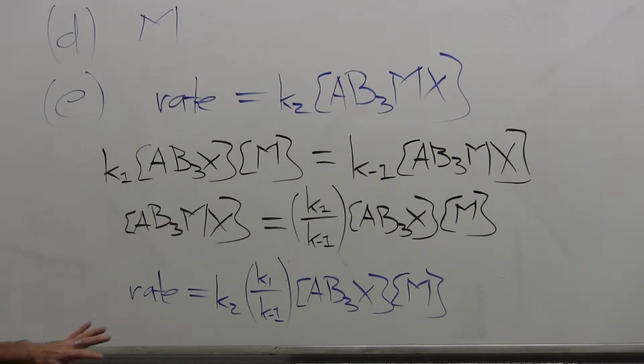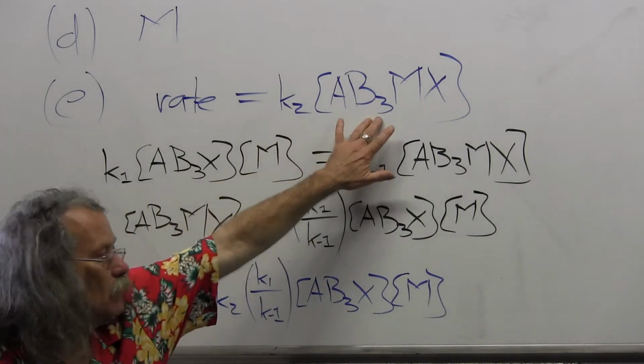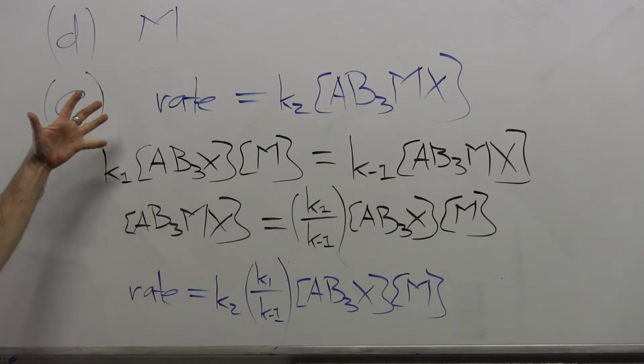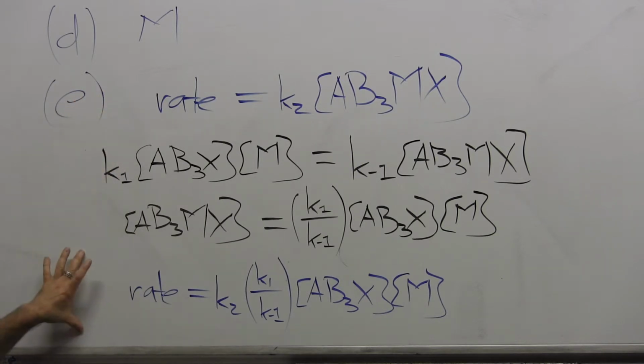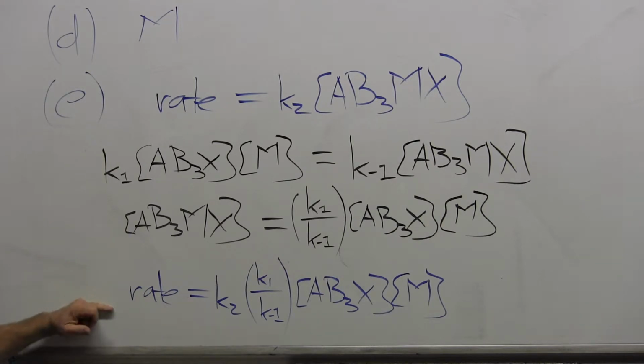So that would be, I just substituted this in for the intermediate species. Now, if you have this, you got 15 points. 5 points for this, 5 points for this, 5 points for that. Those are the 3 features I'm really looking for.